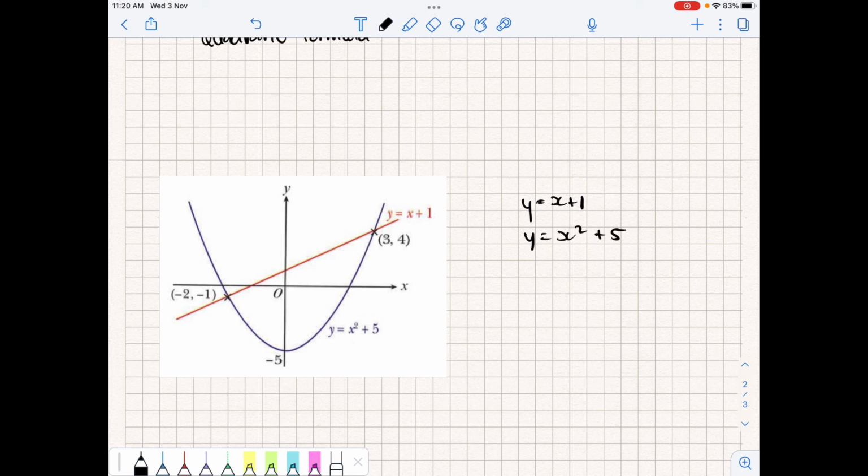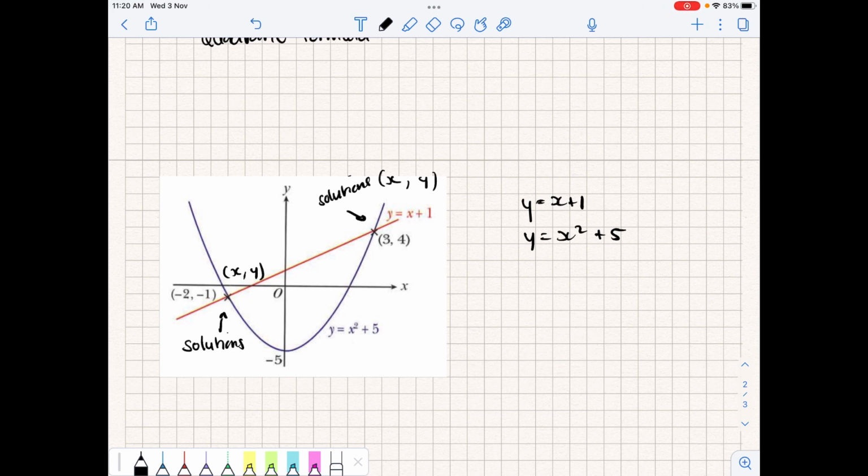They've been drawn, and so visually we can see there are 2 points of intersection. Now the points of intersection, so the one over here and the one over here, these are what we call the solutions, okay? They are the values where these two equations exist at the same time, and they will have an x value and a y value, both of them.